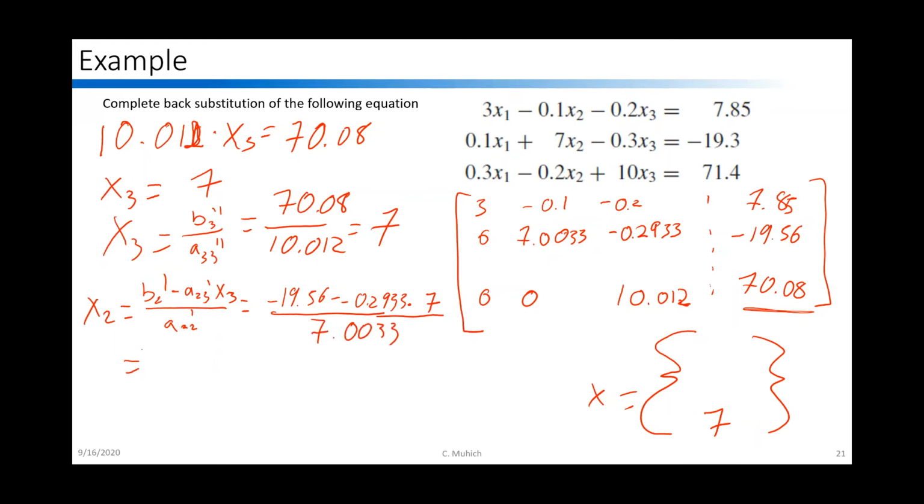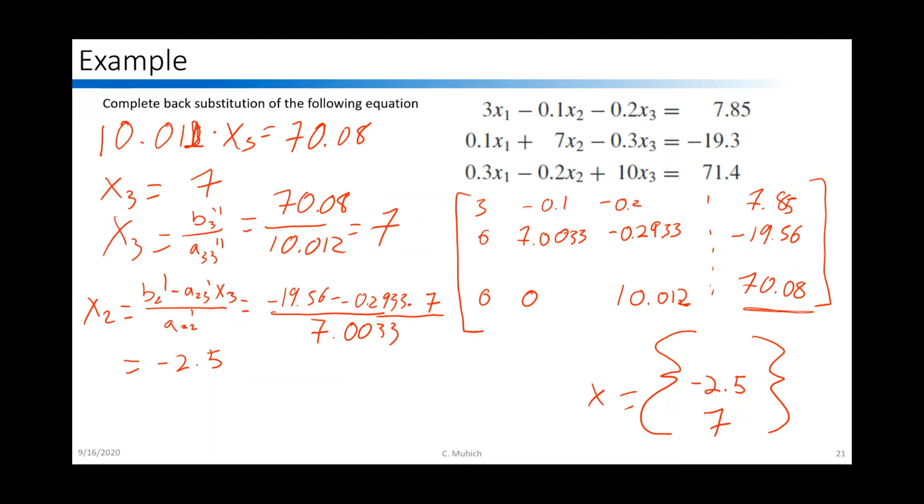I do all of this out, and we get x2 is negative 2.5. So we can punch that into our vector, negative 2.5.